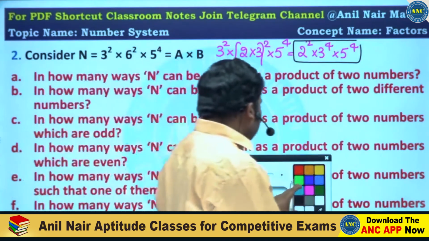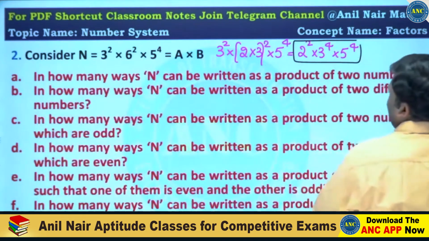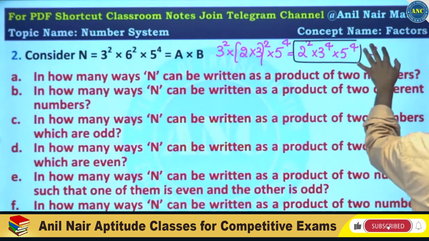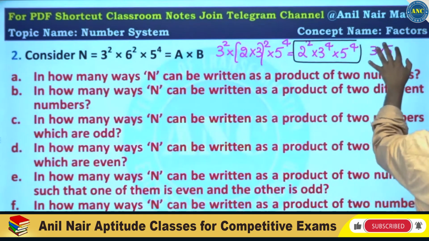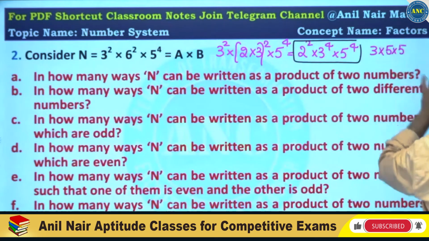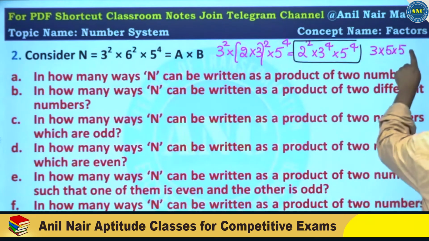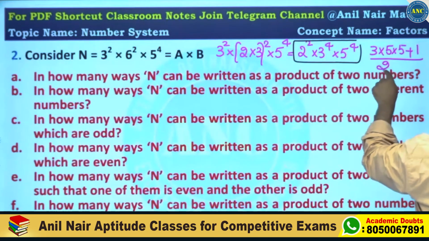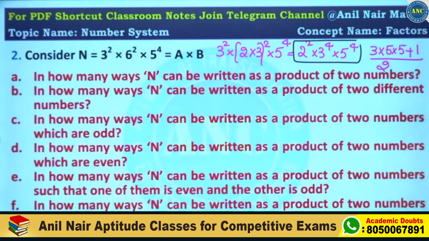Nothing is mentioned, so it is an unordered pair. Unordered pair means 3 into 5 into 5. These are the number of factors. If nothing is mentioned, it is number of factors plus 1 by 2.